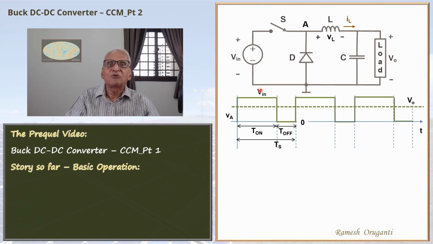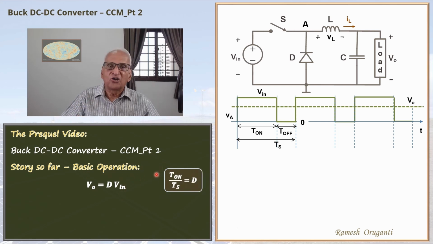T on, T off and Ts are the switching intervals of the converter. The average of VA is the output voltage. The LC filter filters all the switching components and lets the DC pass through. We showed in part 1 V0 equals D Vin, where D is the duty cycle T on by Ts.